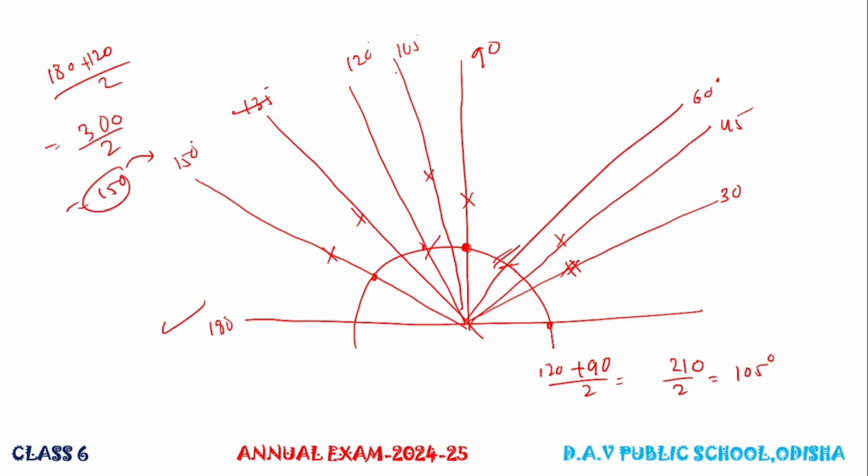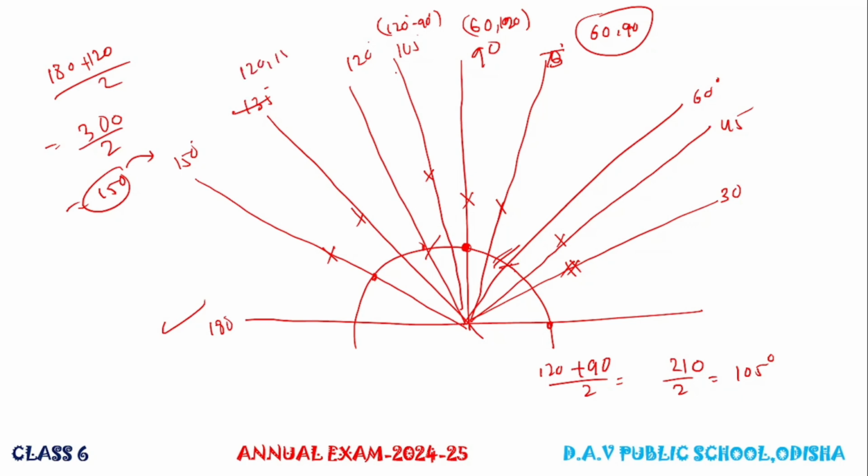Now 90 and 60 we bisect, we get 75. So 75 we get from 60 and 90. And 90 we get by bisecting 60 and 120. 105 means 120 and 90. 135 means 120 and 150. 150 means 180 and 120.